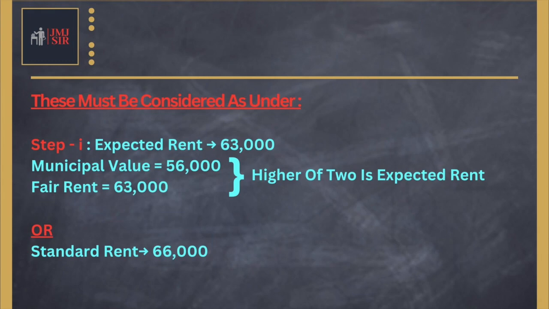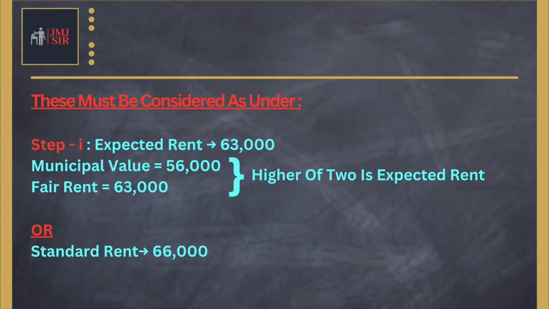Remember, the expected rent is nothing but the higher of the municipal valuation and the fair rent. Municipal valuation over here is 56,000 and fair rent is 63,000. Therefore, the higher value is 63,000. So, this is the expected rent.